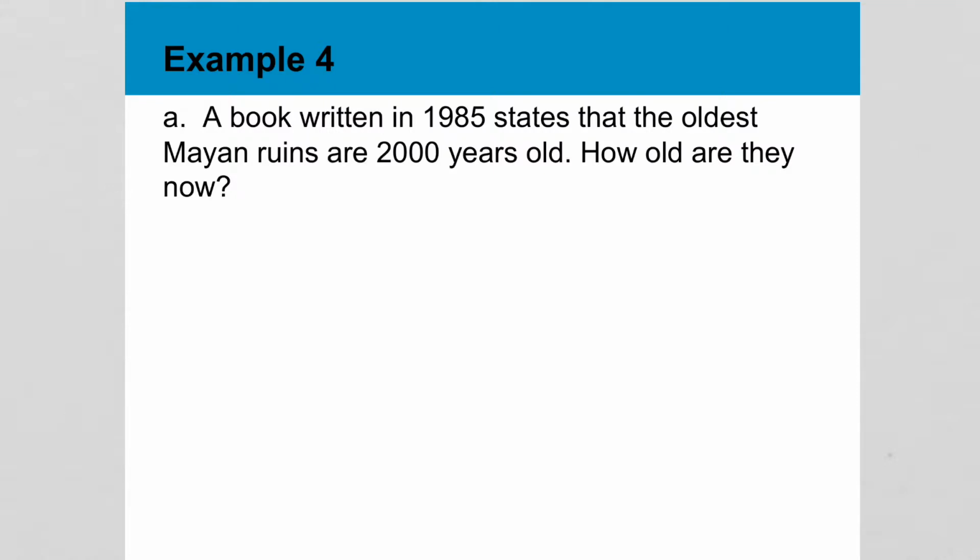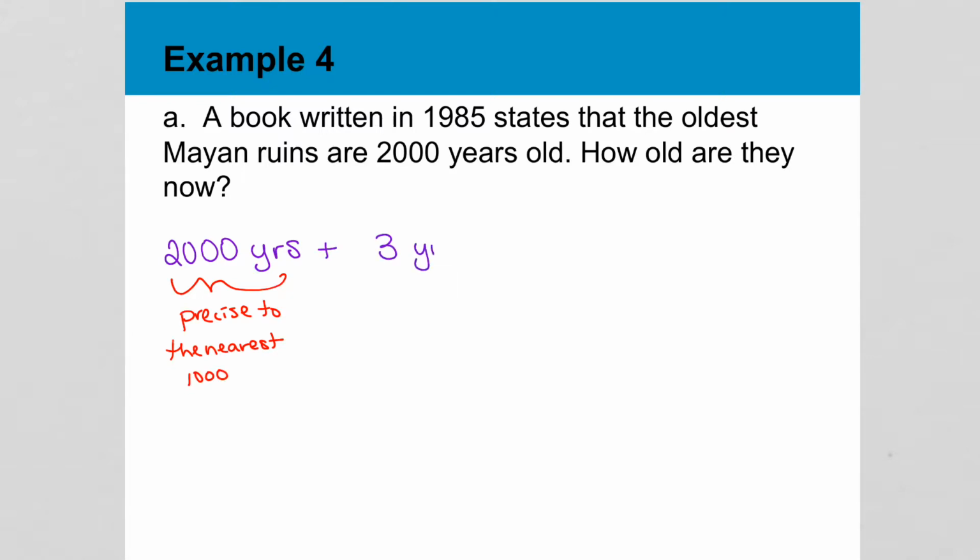So if we write this out, 2,000 years, which is precise to the nearest 1,000, plus 30 years, which is precise to the nearest 10.